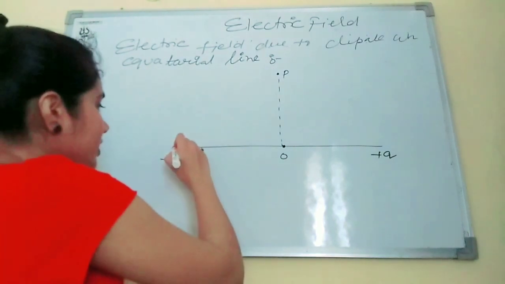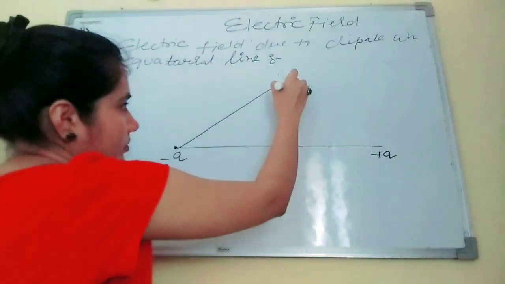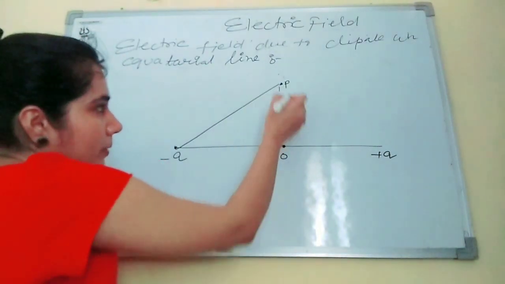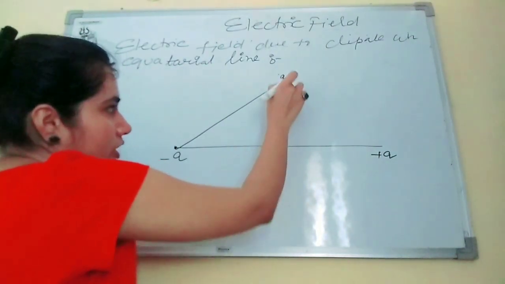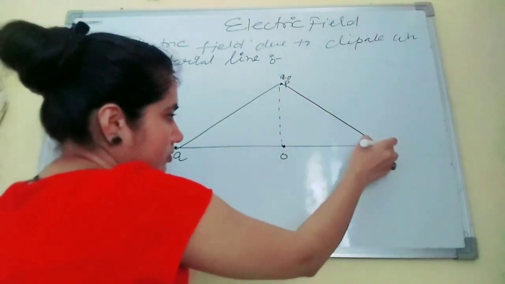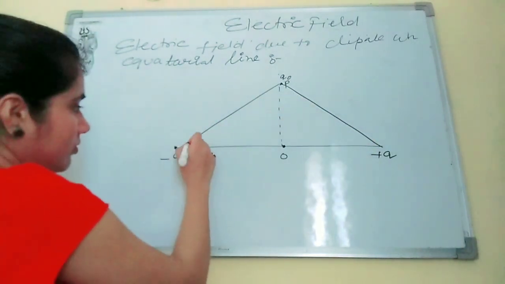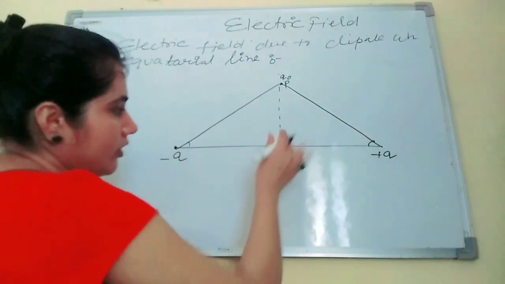Now we will simply join these points. Suppose this is P, and one point charge Q naught is lying at this point. We have joined both lines, and they will make some angle.